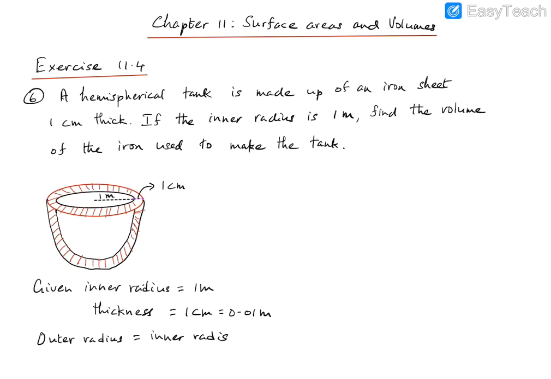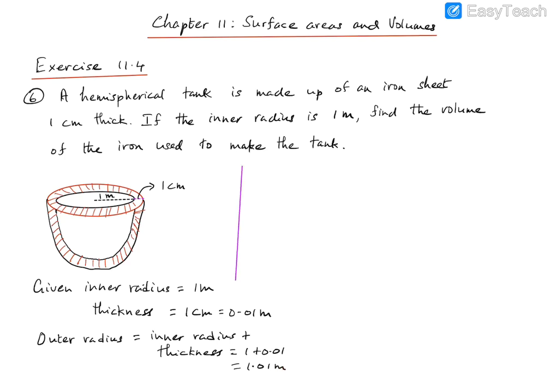The outer radius is the inner radius plus the thickness, which will be 1 plus 0.01, and that will be 1.01 meters. So the inner radius is 1 meter, the thickness is 0.01 meter, therefore the outer radius is going to be 1.01 meter. Now what is it that we have to calculate?